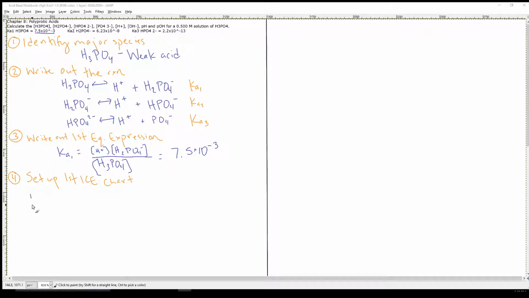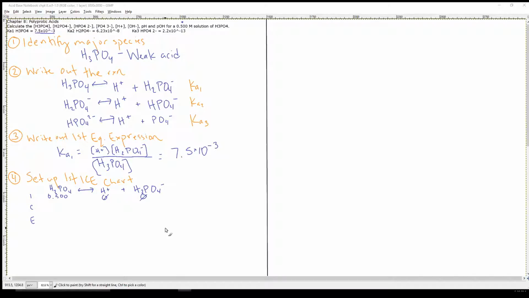So let's see, ICE: H3PO4, H plus, H2PO4 minus. Okay, so I know my starting concentration, I think. Let's look for it. Aha, here it is. I know my starting concentration of phosphoric acid. It's 0.500. And I know at the very beginning, when this whole thing started, I don't have any products.